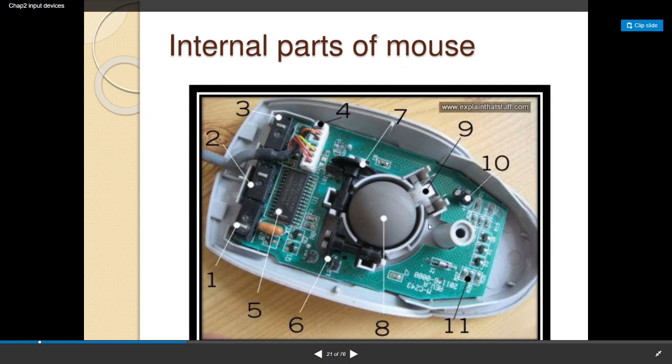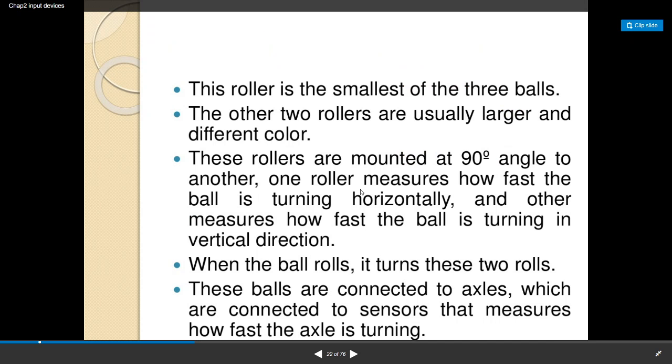And for this we have these rollers. When one roller moves, it determines how fast the ball is moving. One is the smallest of the three, and the other two rollers are usually larger and different in color.